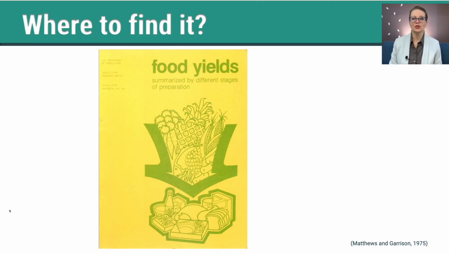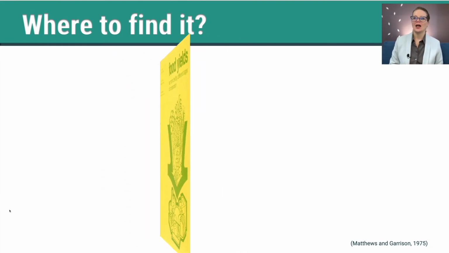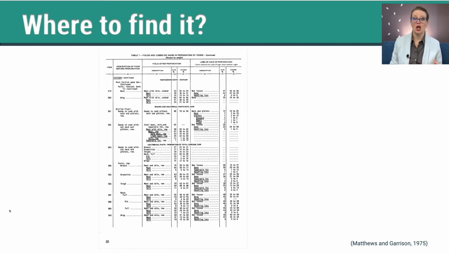And another good source of edible portion coefficients is this publication. It's old, but it's gold. Because it has a lot of information, as you can see here in this slide, this publication lists for each food many different proportions of edible and inedible parts, including raw and cooked foods, and it's very detailed and very well described.